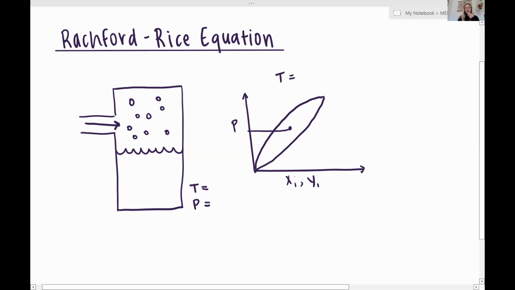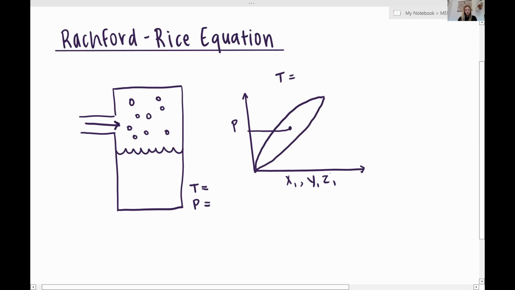And this is because our mixture is separated between liquid and vapor phases. So we also have another component, which is going to be the total mole fraction of the more volatile component in the feed at the start. So we'll call that Z1.